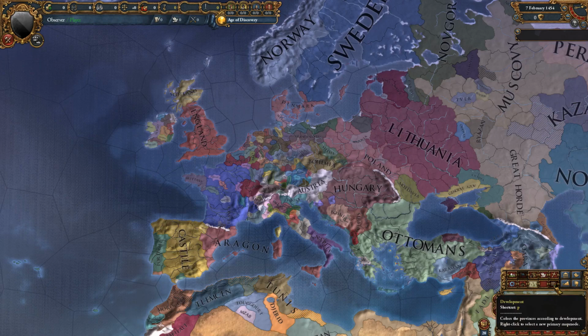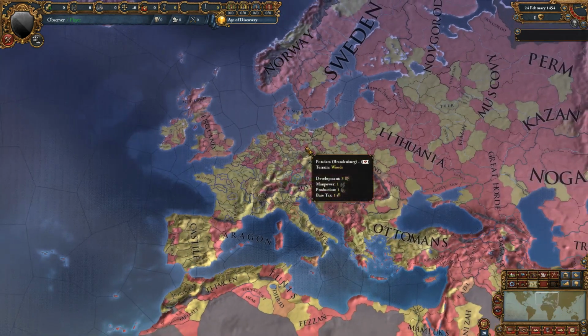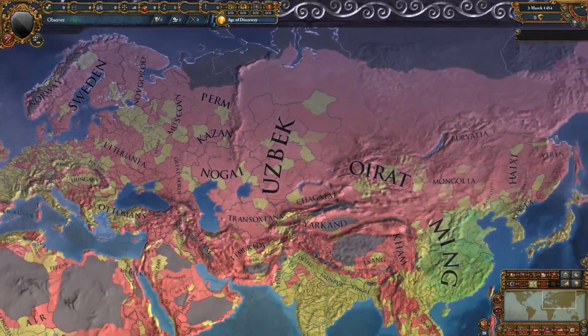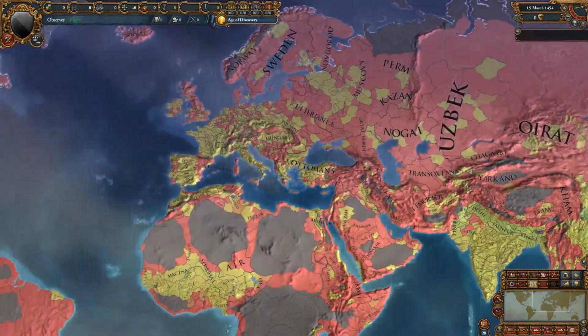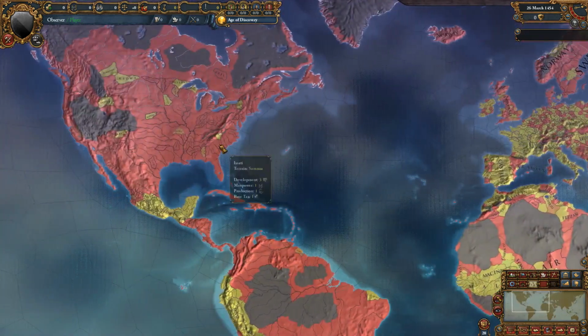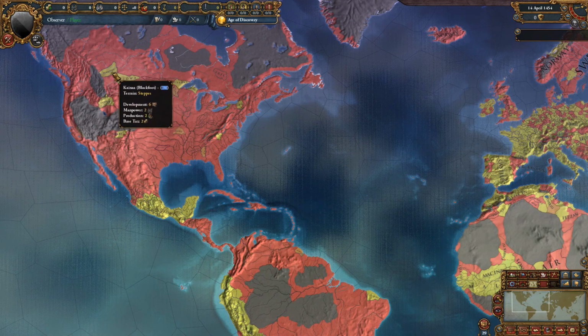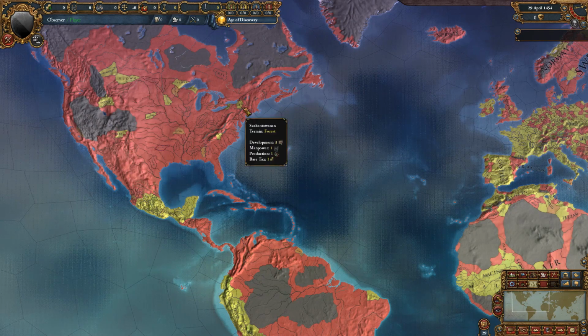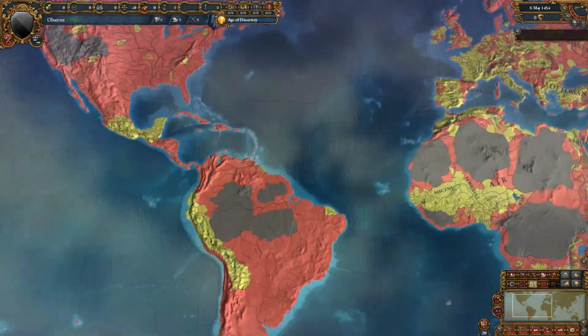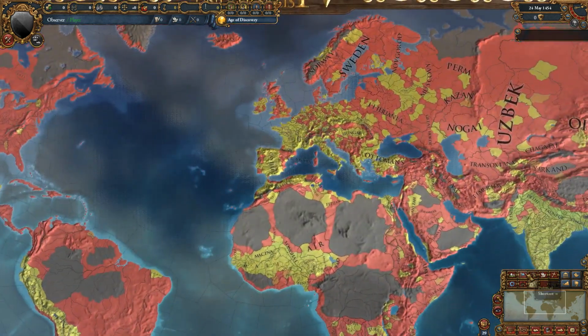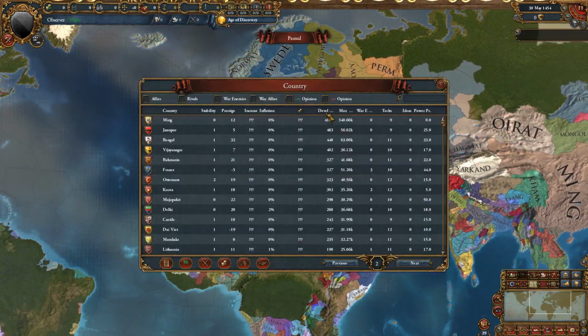Alright, it's 1454, we've gone 10 years into the game. This is what the development map looks like. I don't think you can see that much difference yet on it. Maybe you can see that some of the North American minors have grown by 3. Let's quickly take a look at the development around here.